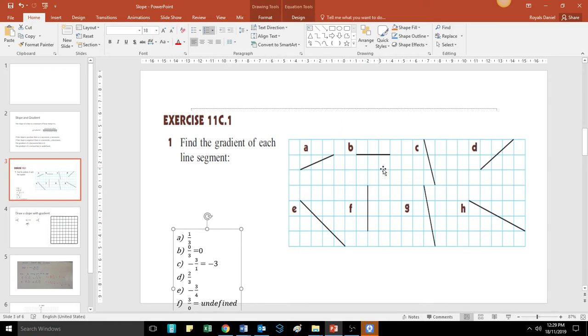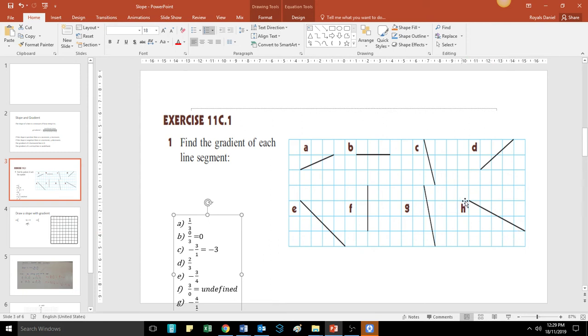For G, we can see we're going down 4 units and to the right 1. So the slope is minus 4 on top of 1. And that would simplify to be just minus 4. And for the last one, H, we can see we've gone down 2 units and then to the right 5 units.